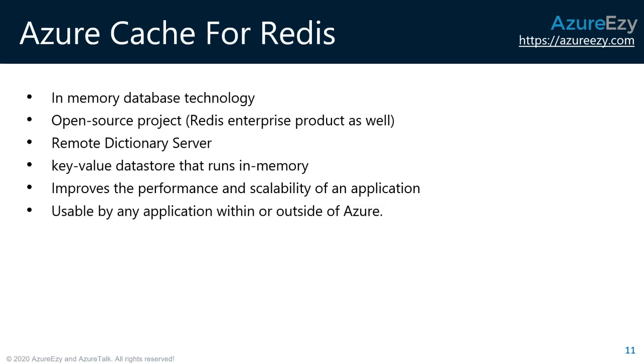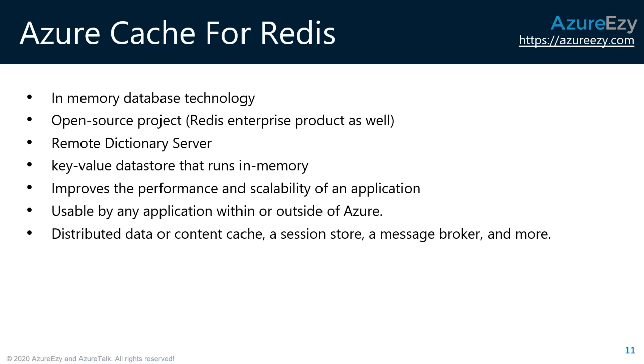Now, where can you use Azure Cache for Redis? You can use it for any application, whether that application resides in Azure or outside of Azure. It is a distributed data store.